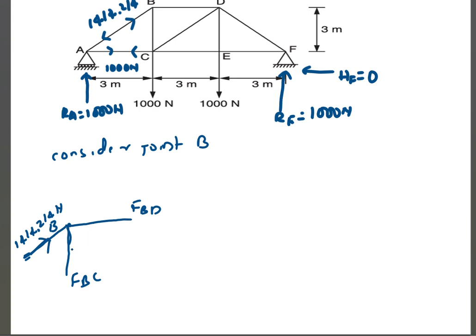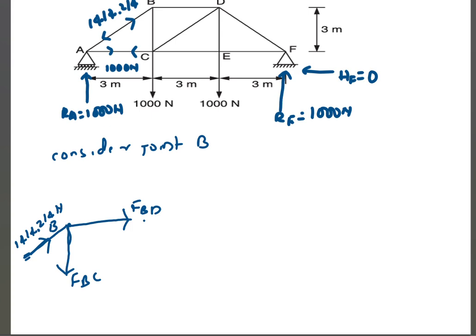So these forces are unknown forces. We have to determine the forces present in the members FBD and FBC. If the member forces are unknown, then we have to assume that the force present in the member is tension.